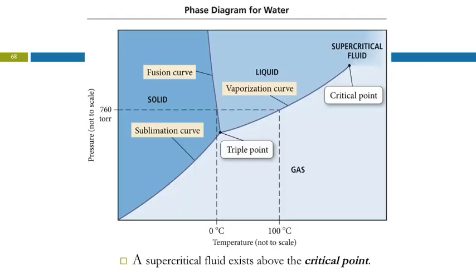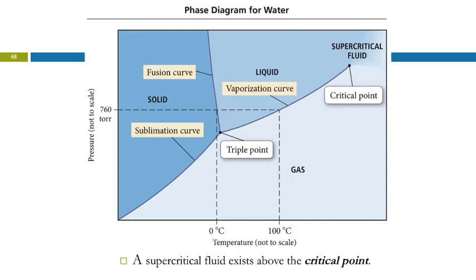So for water, the triple point is here. It's at a lower pressure than atmospheric pressure, and it's just a little bit above the freezing point. But at that particular temperature and pressure, you will have a solid, a liquid, and a gas all in equilibrium.